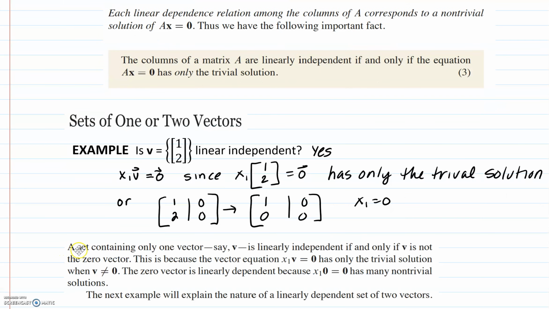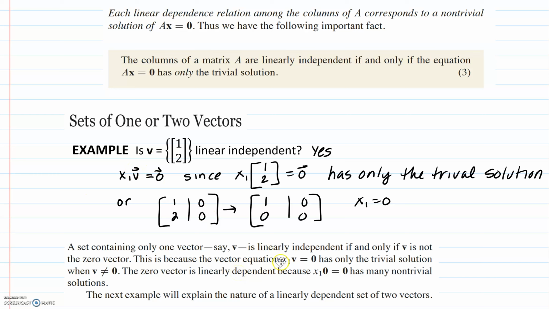So in general, a set containing only one vector, say V, is linearly independent if and only if V is not the 0 vector. So this was not the 0 vector, so it was independent. Because the equation x1v equaling 0 only has a trivial solution when V is not 0. One vector would be linearly dependent if it was the 0 vector.